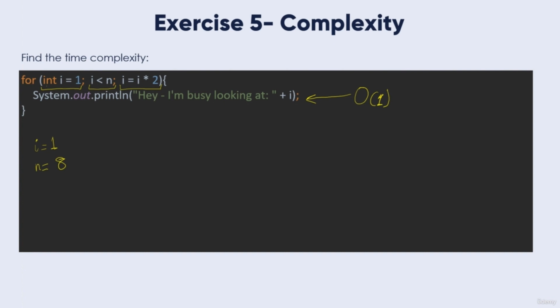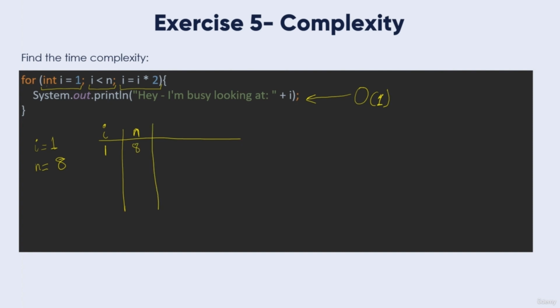Now, let's start. Think about this loop. We are going to make an iteration table like we have seen before. So, i is equal to 1 at the first stage. n is equal to 8.